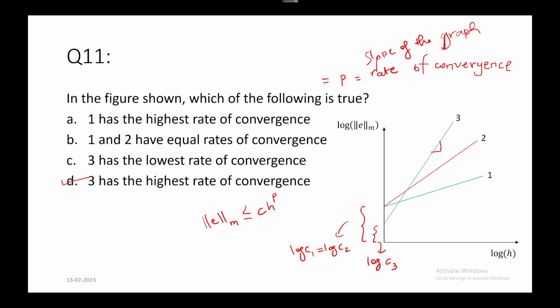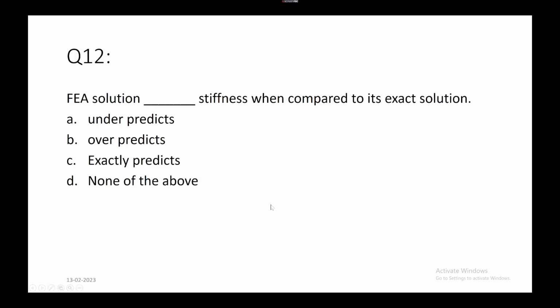So we'll go to the next one. Yes, answer is D. Okay. Stiffness. So the FEA solution underestimates stiffness when compared to its exact solution. So compared to the exact solution, what does the FEA solution predict with regards to the stiffness? Does it under predict? Does it over predict?